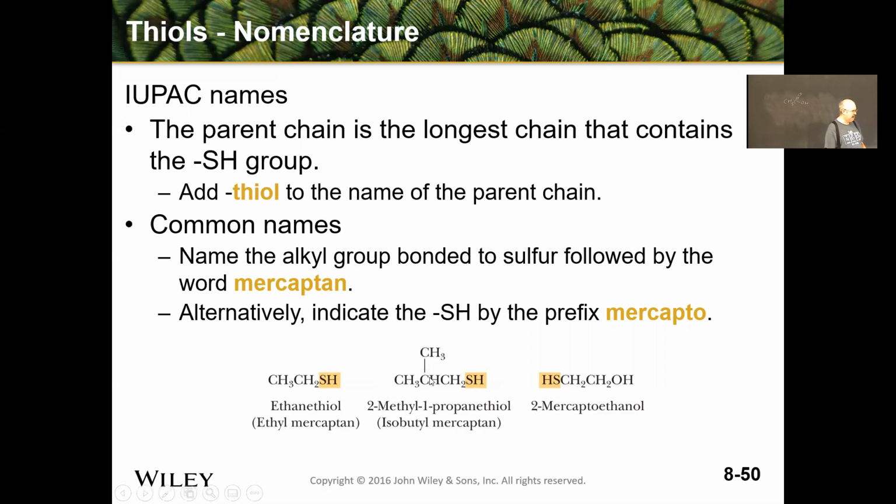Ethane thiol is a gas at room temperature. It has a strong rotten egg odor, and it is deliberately added to natural gas so that one can detect a gas leak by its odor.